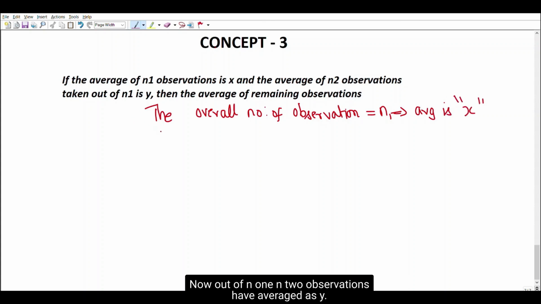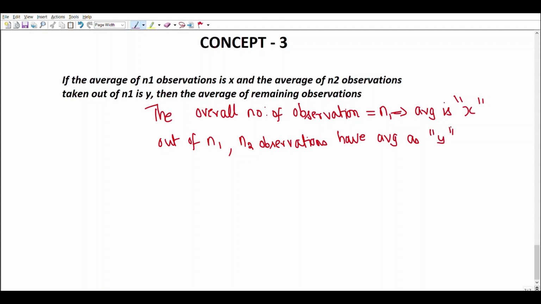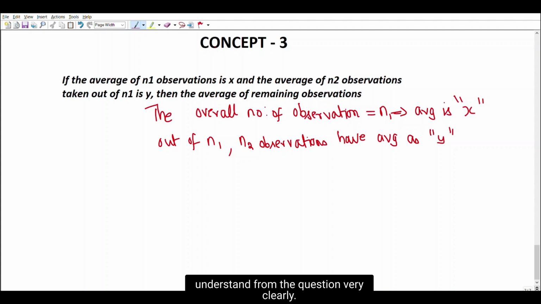Now, out of n1, n2 observations have average y. So this is what we can understand from the question very clearly.